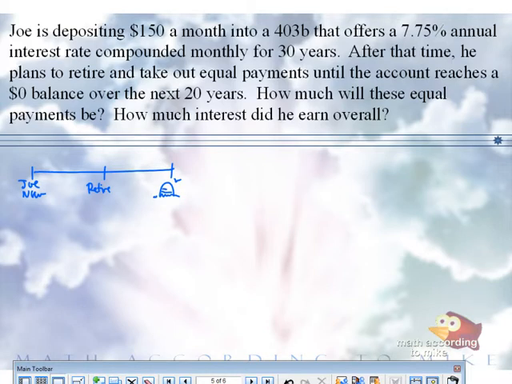So from Joe working now to retirement, he's going to be putting away $150 a month. And the question is, how much can he take out after retirement until he kicks it from this account?